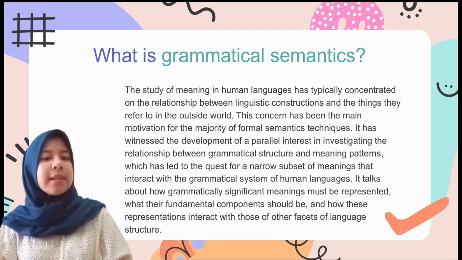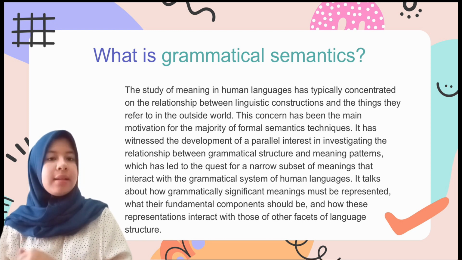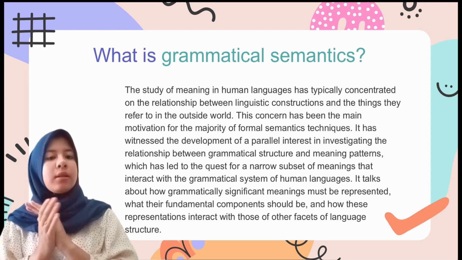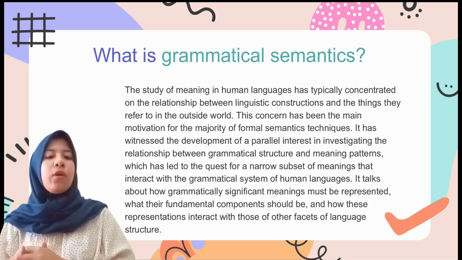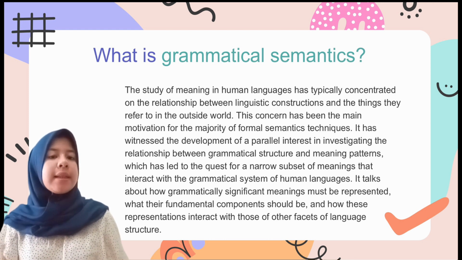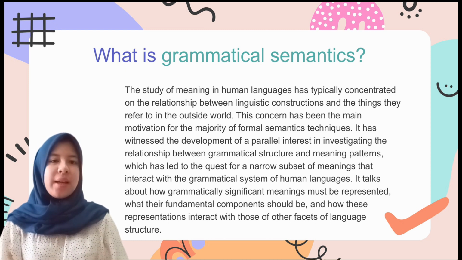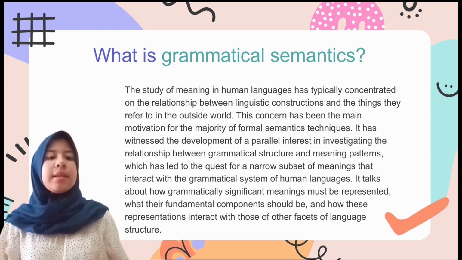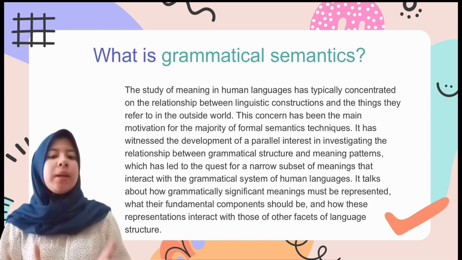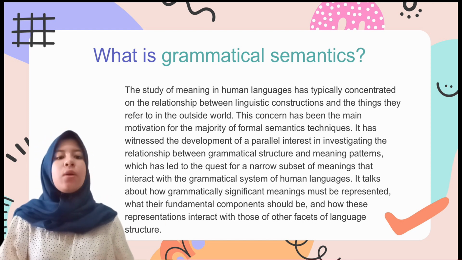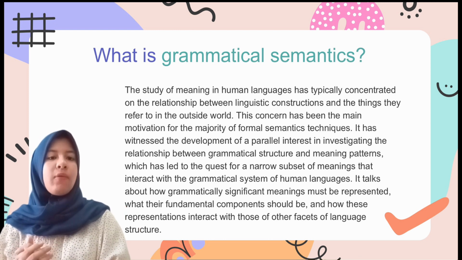It has witnessed the development of a parallel interest in investigating the relationship between grammatical structure and meaning patterns, which has led to the quest for a narrow subset of meanings that interact with the grammatical system of human languages. It talks about how grammatically significant meanings must be represented, what their fundamental components should be, and how these representations interact with those of other facets of language structure.